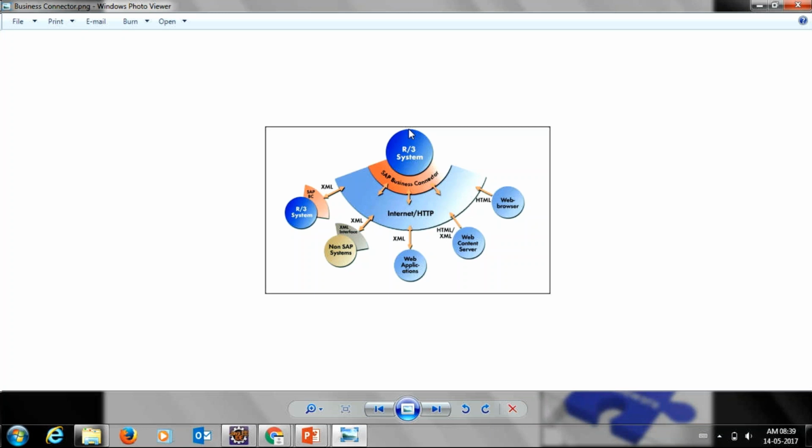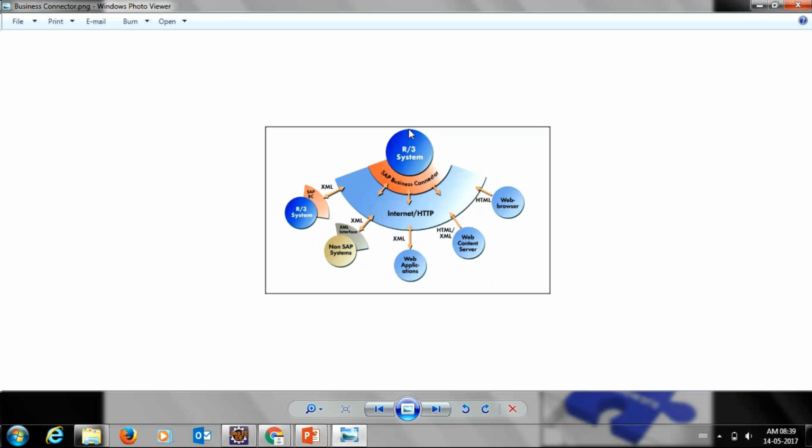If you have ever heard of webMethods, it was also a big name in middleware earlier. So webMethods and SAP jointly developed a software called Business Connector.